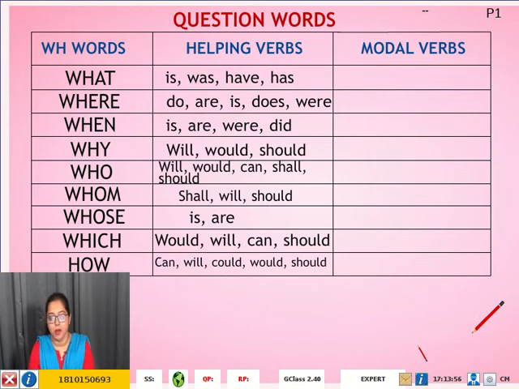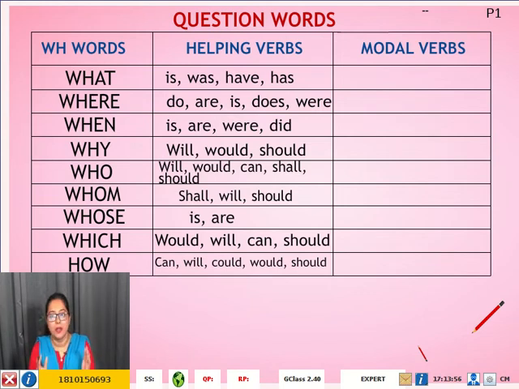The next WH word that is coming on the screen is whose: is, are. With the next WH word, which: would, will, can, should. Okay. And the last but not the least, how. With the WH word how, we are using can, will, could, would and should.